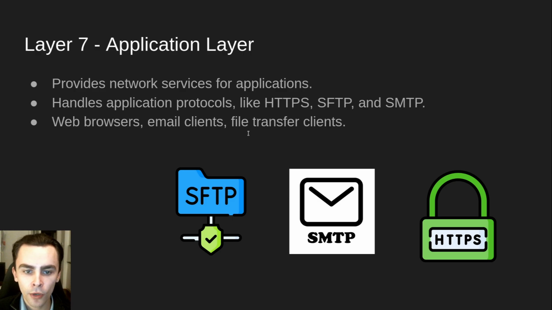These application protocols maintain the possibility for users to be able to use their applications for doing things such as browsing the web via HTTPS, uploading files to the cloud via SFTP, sending emails via SMTP. In other words, the application layer grants access for applications to interact with different networks by keeping necessary application protocols available.